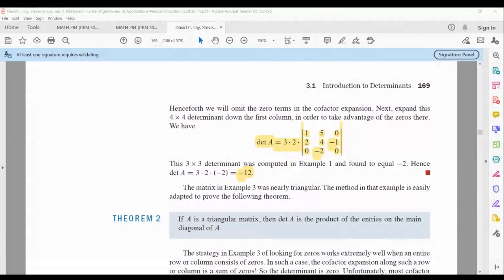But I want to ask you a question here. Now, we're working with 3x3 matrices, finding the determinant of a 3x3. We're finding the determinant of a 5x5 matrix. We just looked at that.